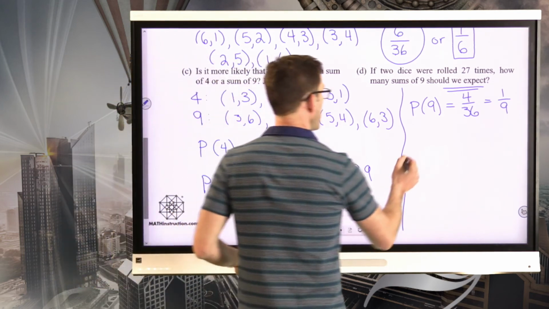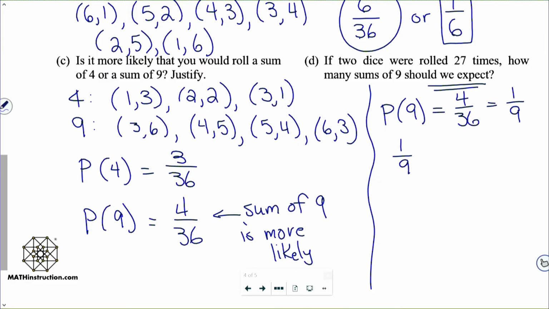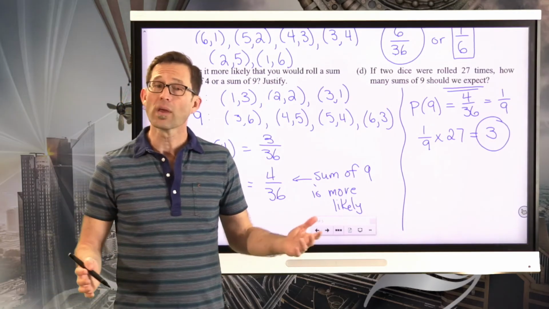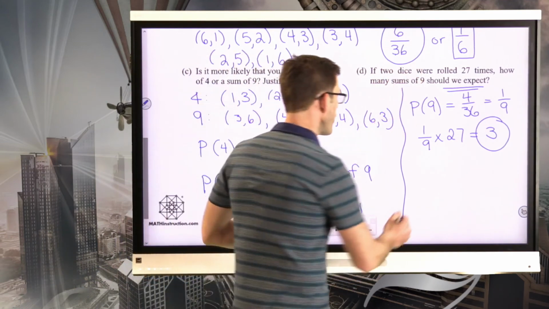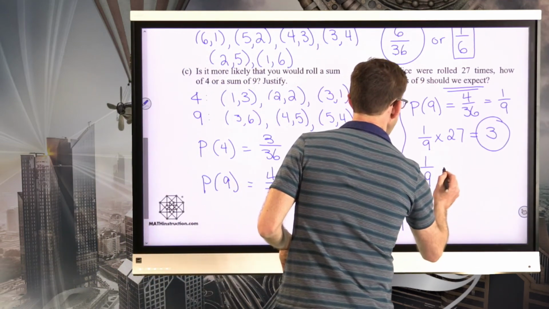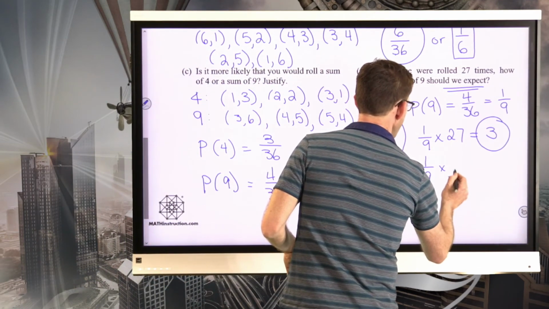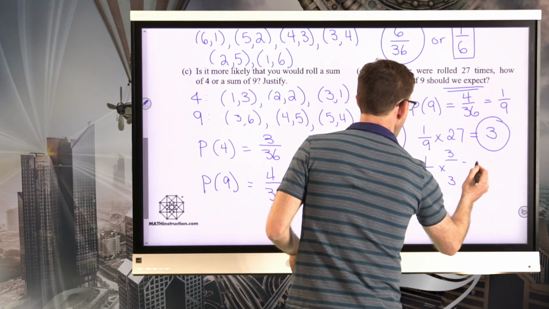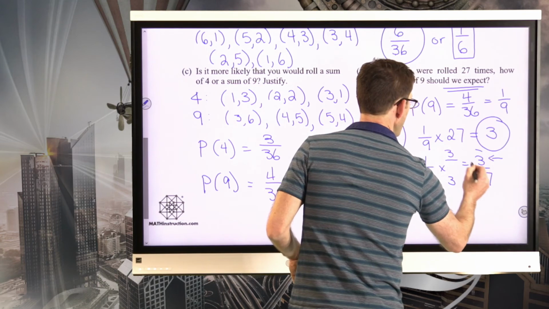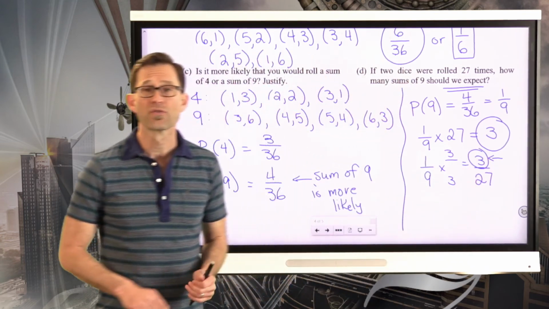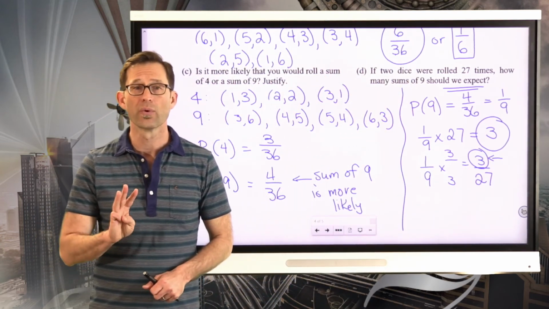So if we've got 27, it's simply going to be 1/9 of 27, and we would expect 3 times. Now, another way to think about it is to say, all right, the probability is 1/9. Let me convert that so that its denominator is 27. That would be 3/27, and that would mean I would expect to roll a sum of 9 3 times.